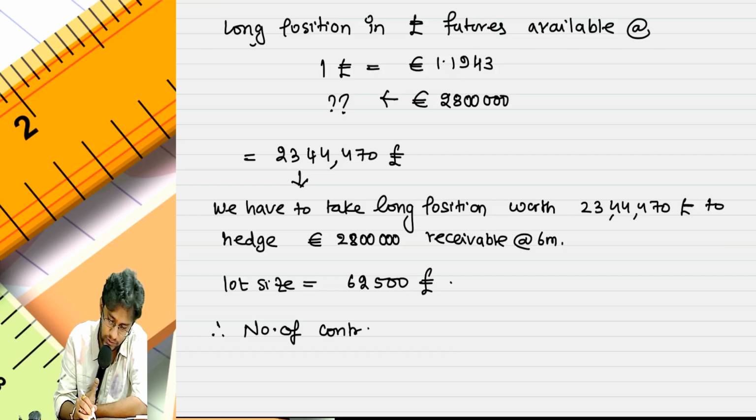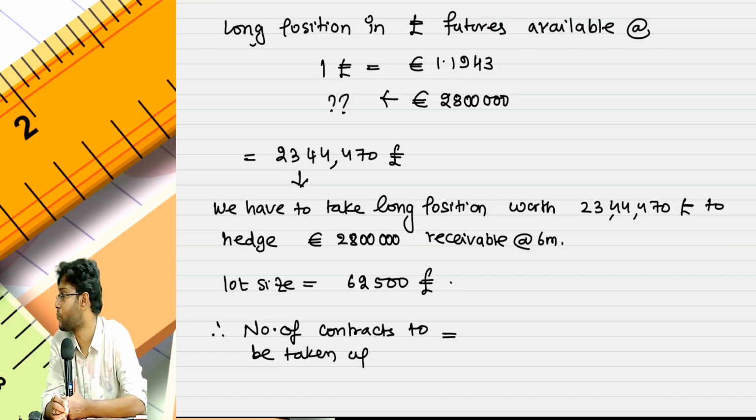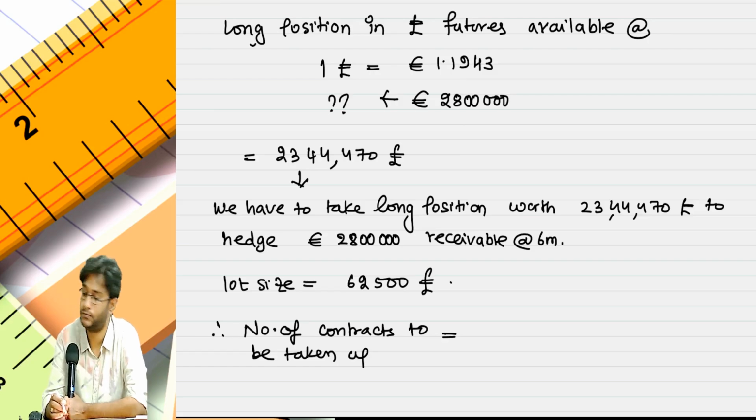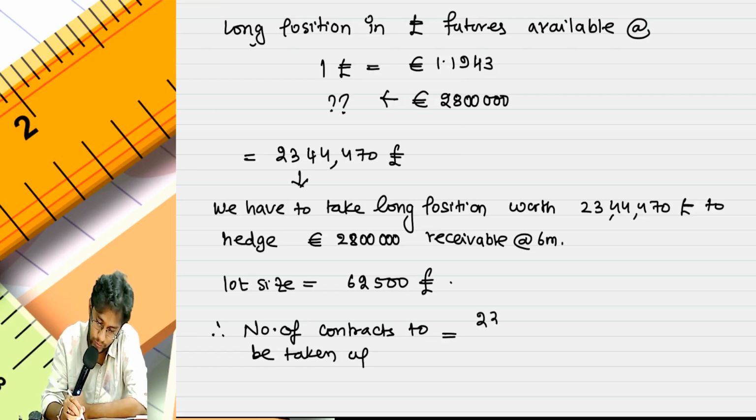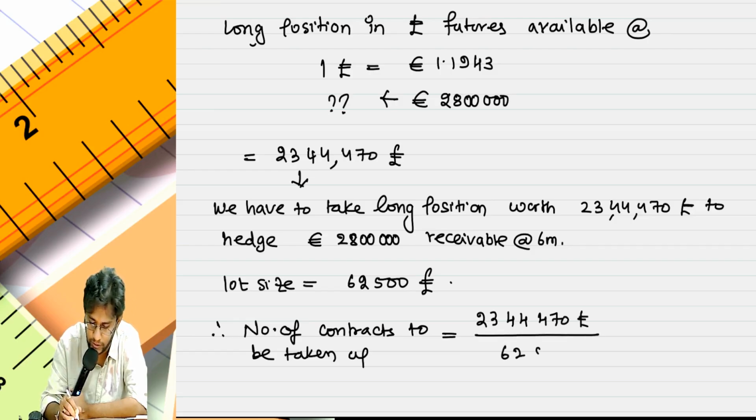Number of contracts to be taken up. How will you know? 2344 470 pounds divided by 62,500 pounds per contract.